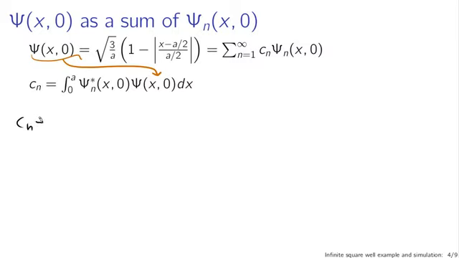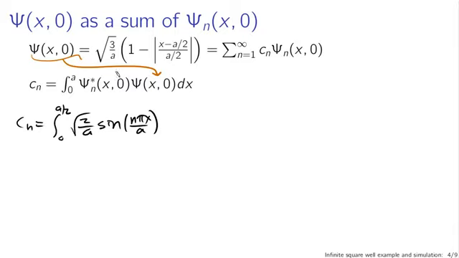We have c sub n equals the integral from 0 to a over 2 of our normalized stationary state wave function, which is root 2 over a times the sine of n pi x over a. That's this psi sub n star, evaluated at time t equals 0.